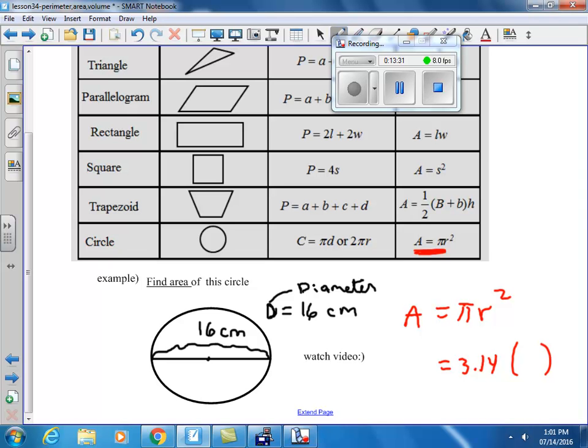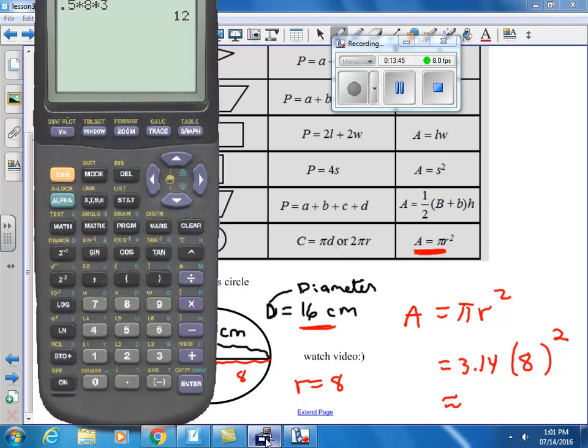Aha, but here I have the diameter. The diameter is 16. So the radius must be 8. From here to here, must be 8. So radius squared. After I fill in the blanks, then I type it out. 8 squared is 64, and then times 3.14.